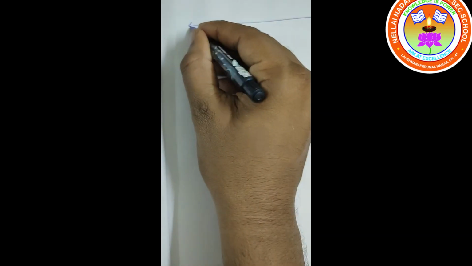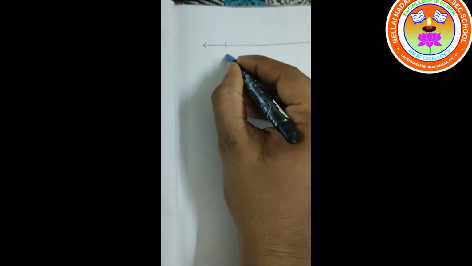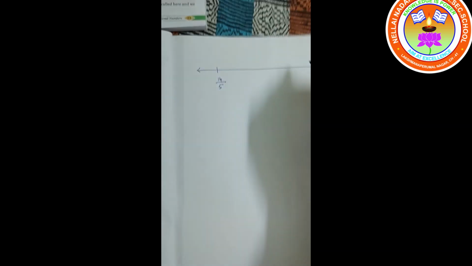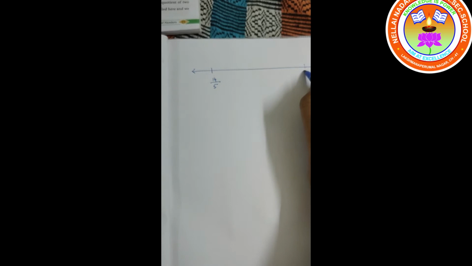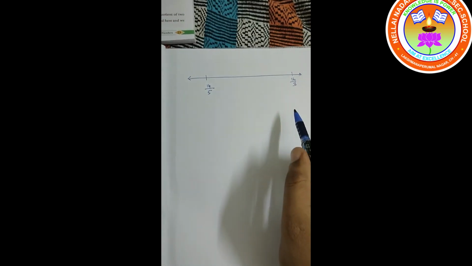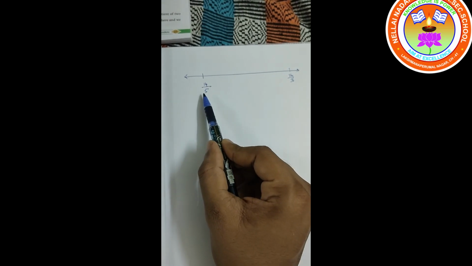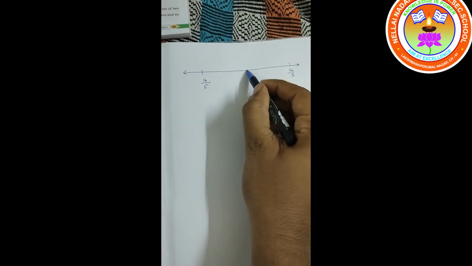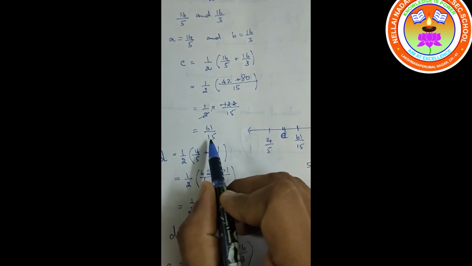I will write all this on a number line. You just check it out. Our 14 by 5 is here, and you write 16 by 3 here. So in the first step we found the exactly middle number between 14 by 5 and 16 by 3. We get 61 by 15.